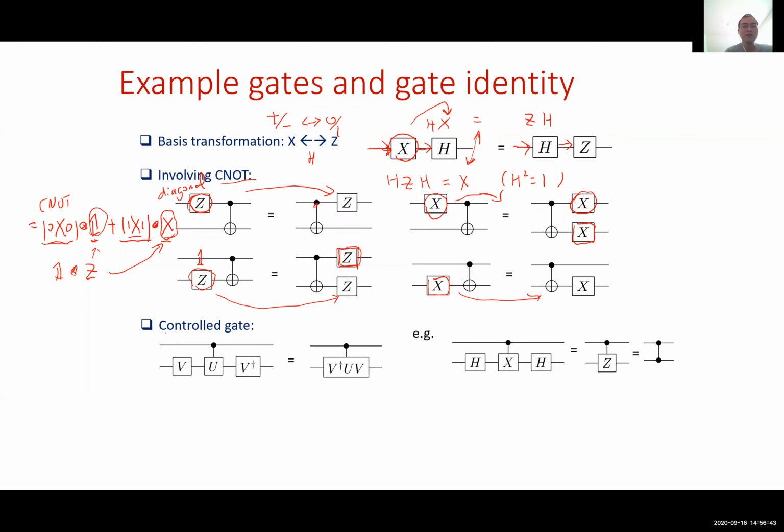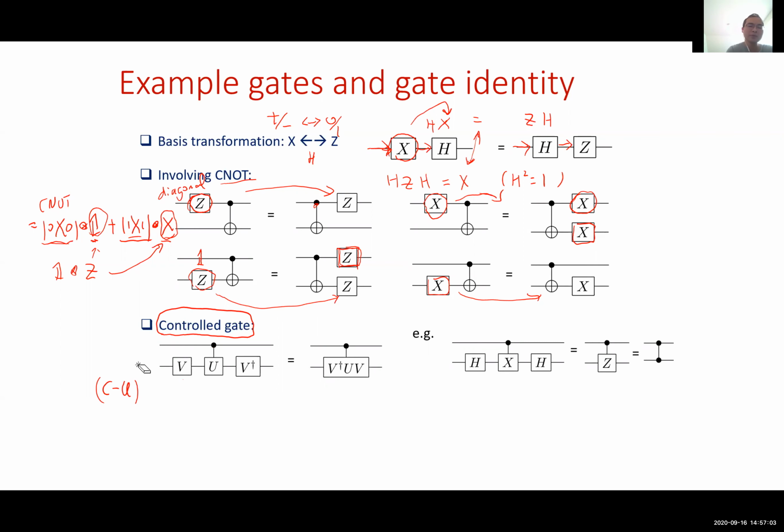And if you have things that involve the control gate, for example, here you have a control U, and you apply a V gate. This is on the second qubit.